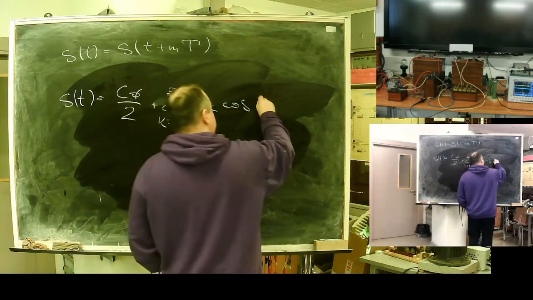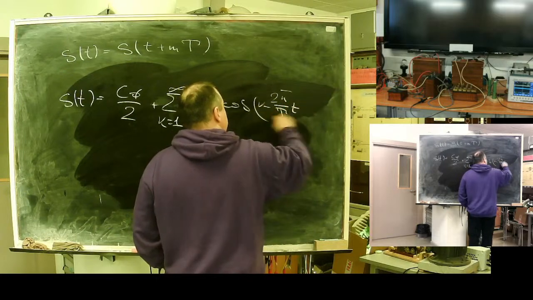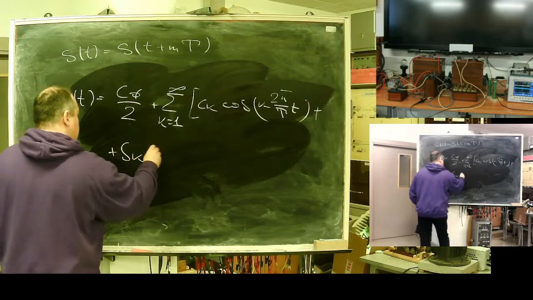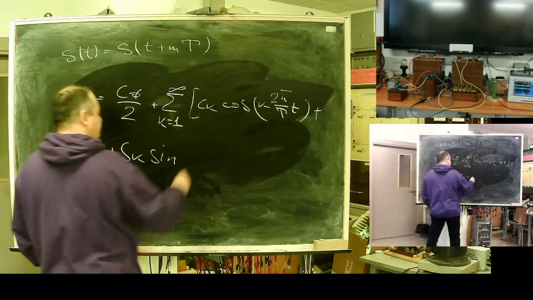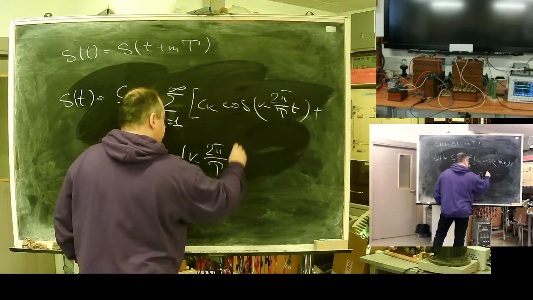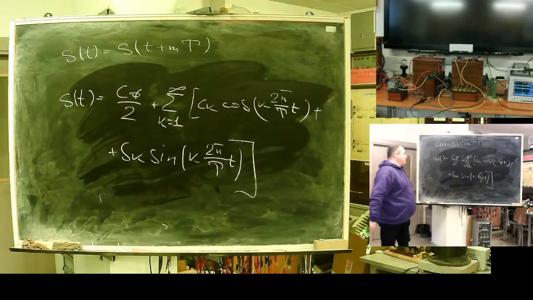cosine plus sine. This is the key idea of Fourier.